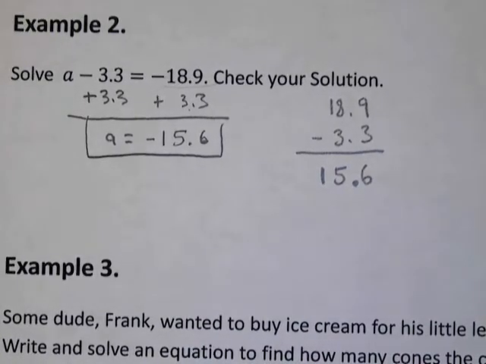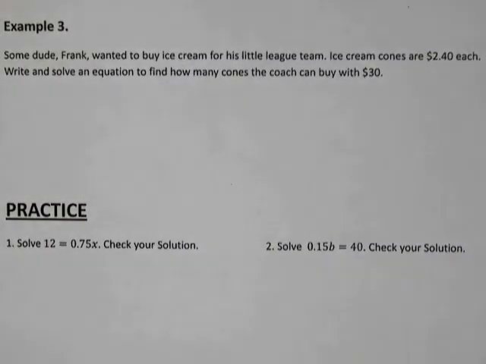Example 3 coming up. So before you start your practice problems, we're going to do example 3. Example 3 says that Frank wanted to buy ice cream for his little league team. Ice cream cones cost $2.40 each. It wants us to write and solve an equation to find how many cones the coach can buy with $30.